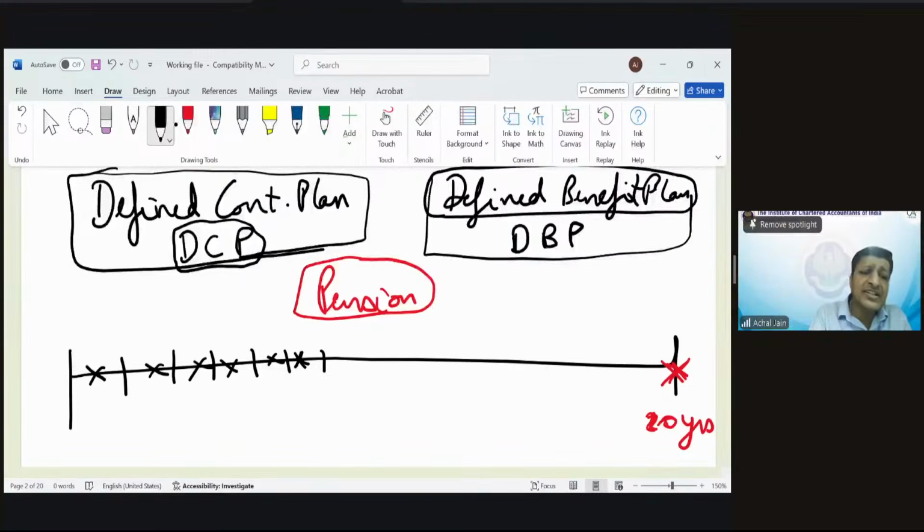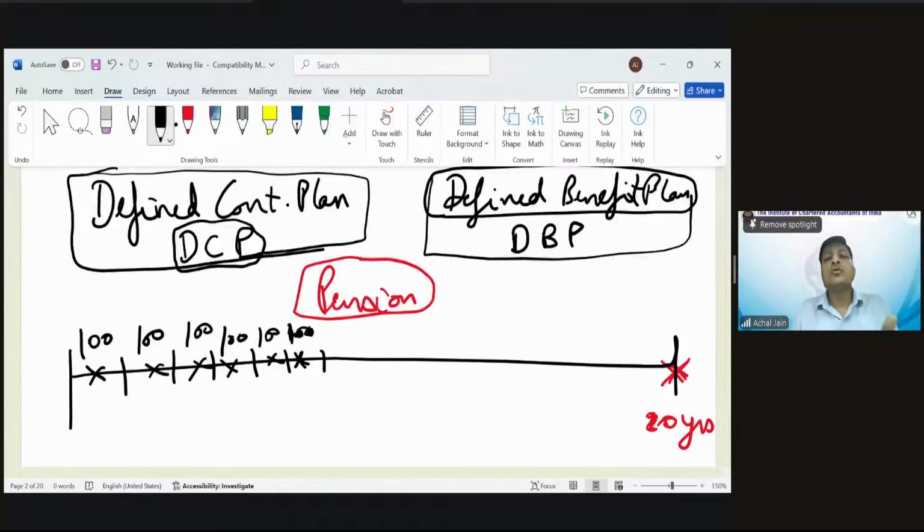Let's suppose each year 100 is the contribution which the employer makes. Right? Each year, what is the contribution? 100. So over the period of 20 years, the amount will accumulate.